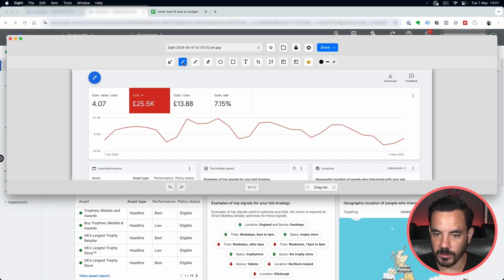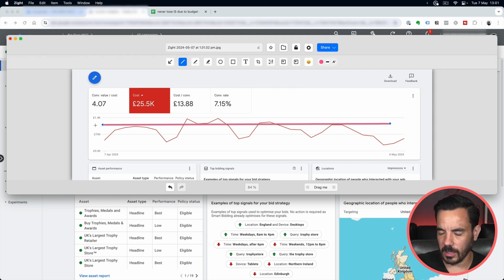So let's say my daily budget was like here, right? It's allowed to overspend some days, so you might see something like this. Let's say the daily budget was £1,000 or whatever that number is. If I saw this, I would see that my impression share is maybe a bit lower, like maybe 30 or 40%, and I want it to be higher.